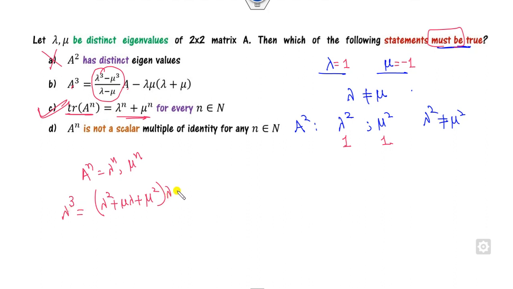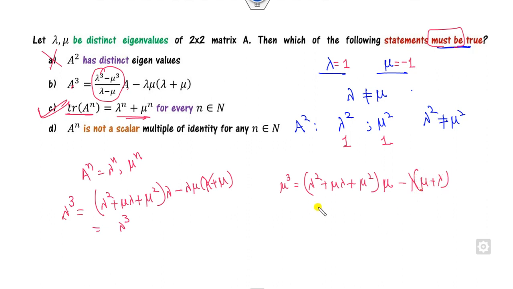If it is lambda, then of this. If you open them, it's a cube, and the lambda square mu terms will be cancelled out. Mu square is cancelled out. It is satisfied. Same I can check for the mu cube. This is plus mu square. If A is mu, then it will be of this. Again you can see it cancels out. So this is also the correct answer.